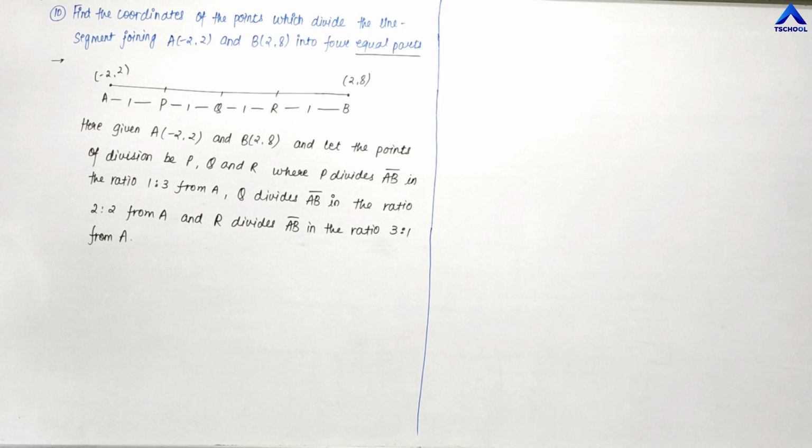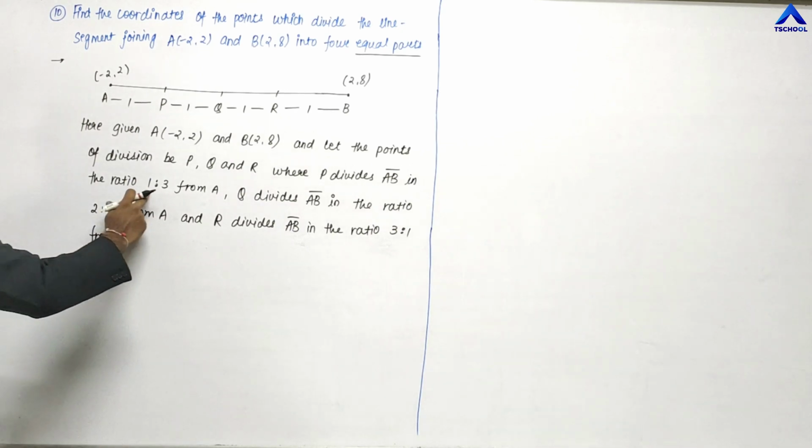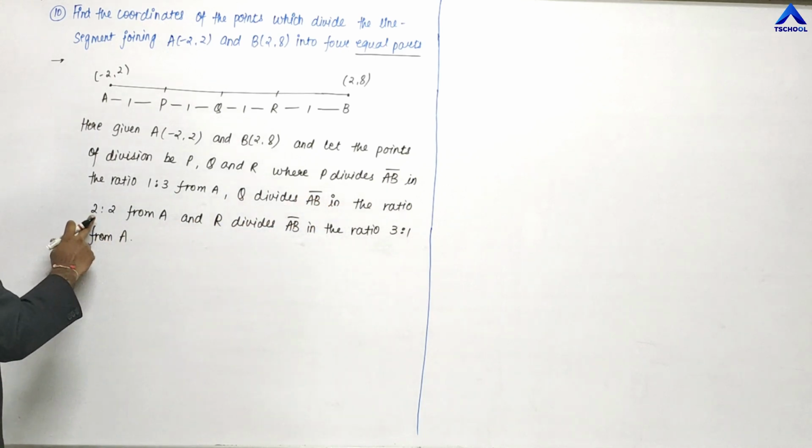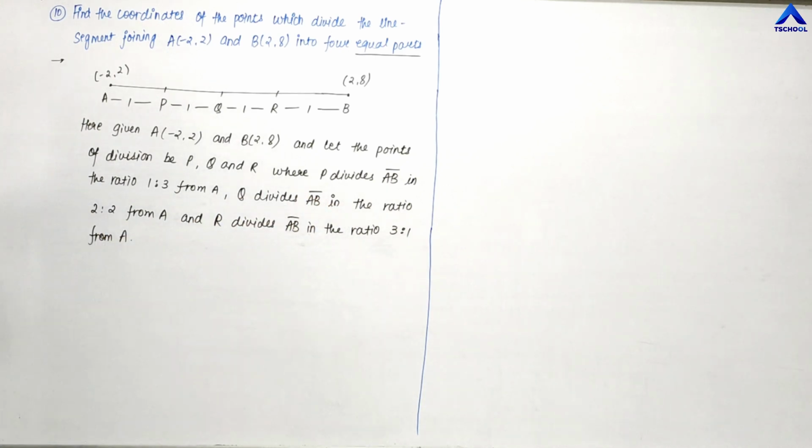So we have got these three conditions: P divides line segment AB in the ratio 1:3, Q divides in the ratio 2:2, and R divides in the ratio 3:1 from A. So first of all, what we shall do, we shall find out the coordinates of the points, right? Let us start with the coordinates of point P.